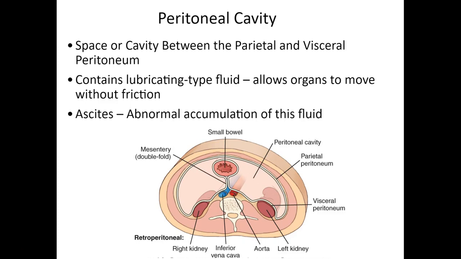So it's like a lubricating type fluid that allows movement without friction. Okay. Too much serous fluid in the peritoneal cavity is called ascites, and we'll discuss that more later in the unit when we learn pathology.